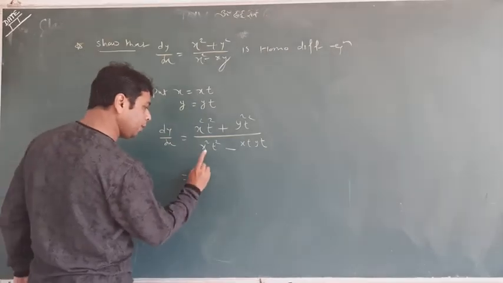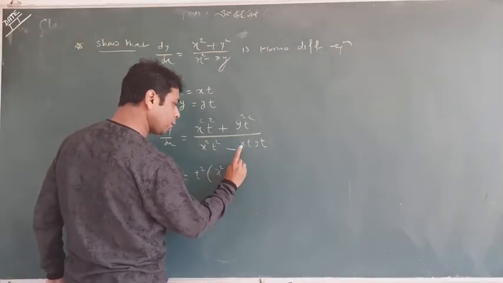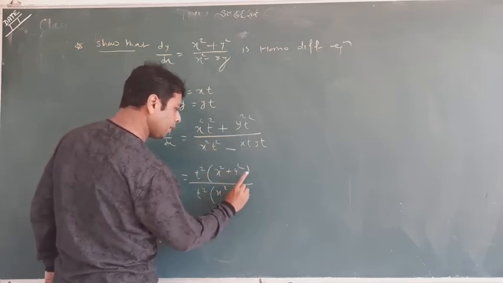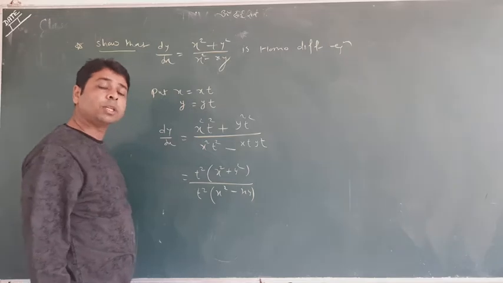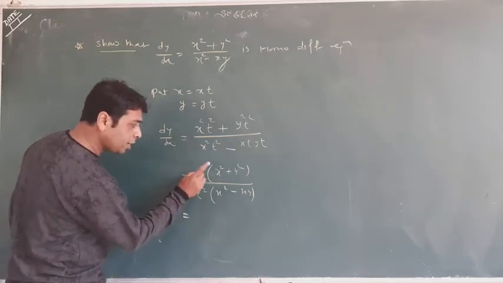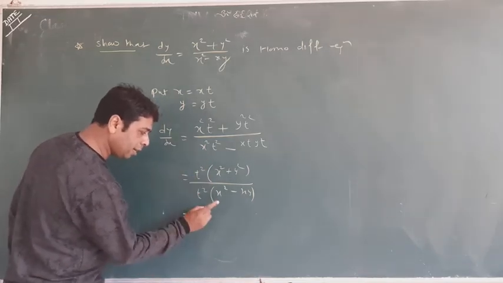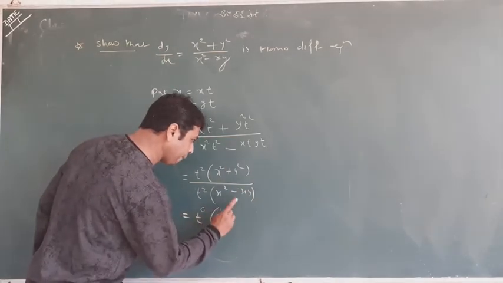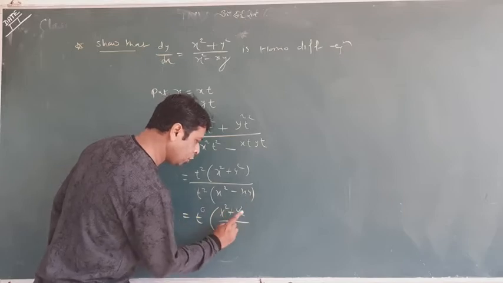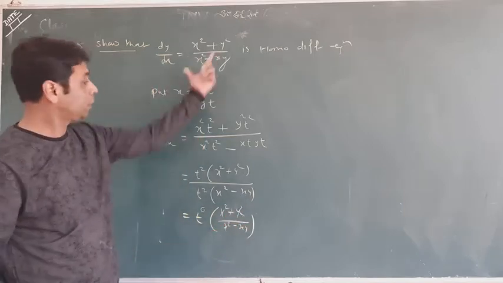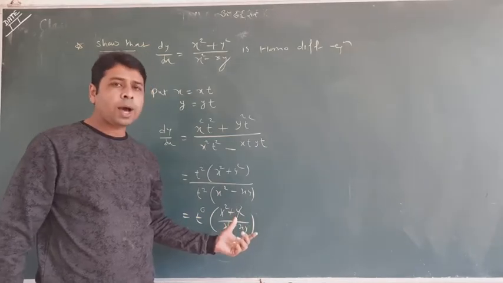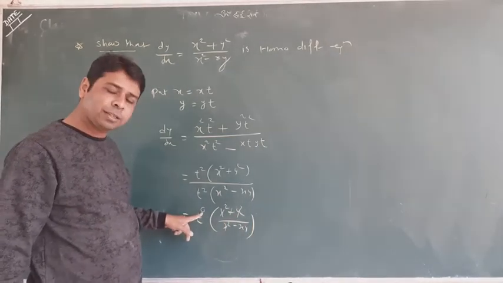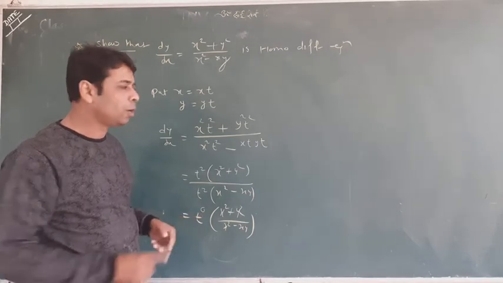Take out t square common in the numerator, and take out t square common in the denominator, x square minus xy. The t square and t square will cancel, which can be written as t to the power 0, meaning 1, and this should be the same as the original one. You may be surprised why I wrote t to the power 0. It indicates that it is a homogeneous one.